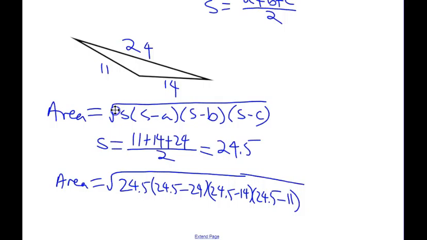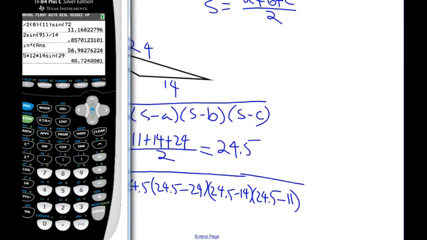Okay. All right, now let's just type this guy in. So the square root of the semi-perimeter, which is 24.5, parenthesis 24.5 minus 24, 24.5 minus 14, and 24.5 minus 11.